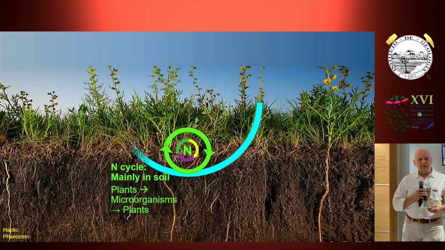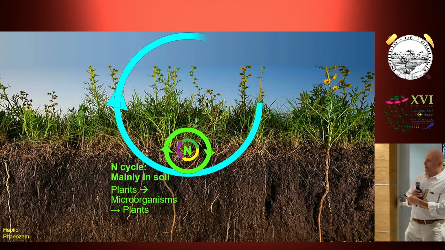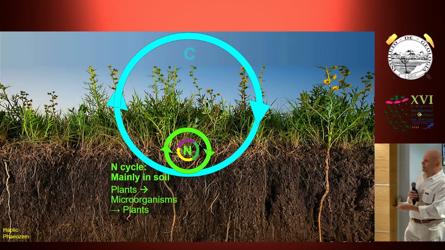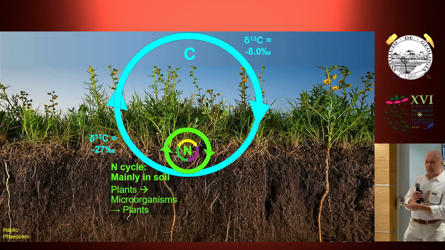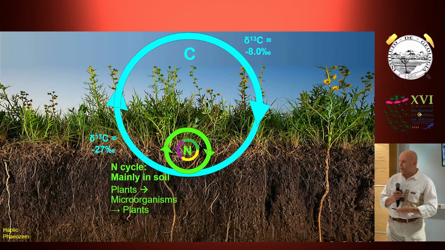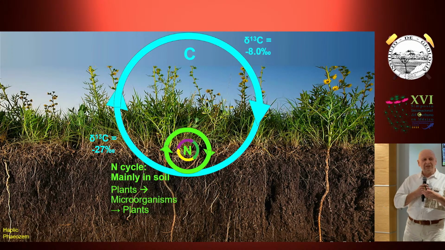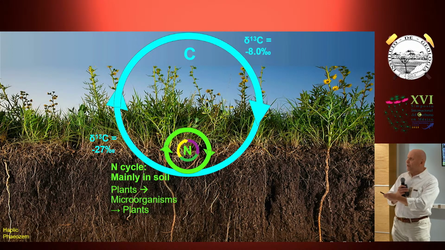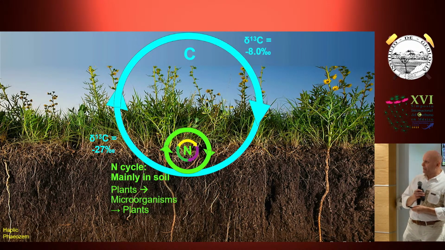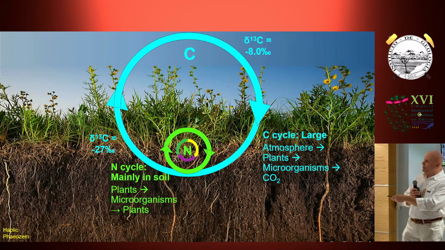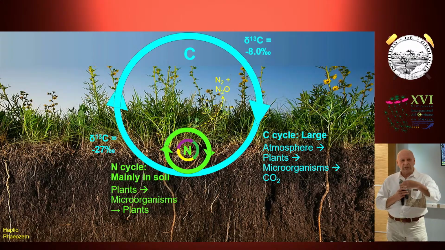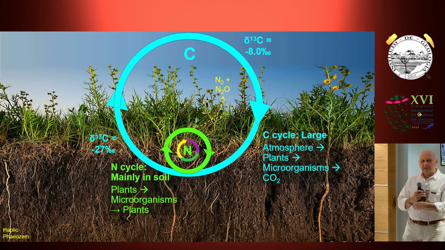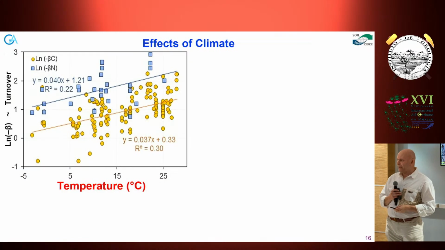However, if we look at the turnover of carbon, after each mineralization, all of the carbon goes into the atmosphere and will be mixed with the initial isotopic composition of CO2 in the atmosphere, because the atmosphere is a huge pool having this isotopic composition, and then coming back by the photosynthesis of plants. It means the cycle of carbon is much larger and much bigger. This is one of the possible explanations.